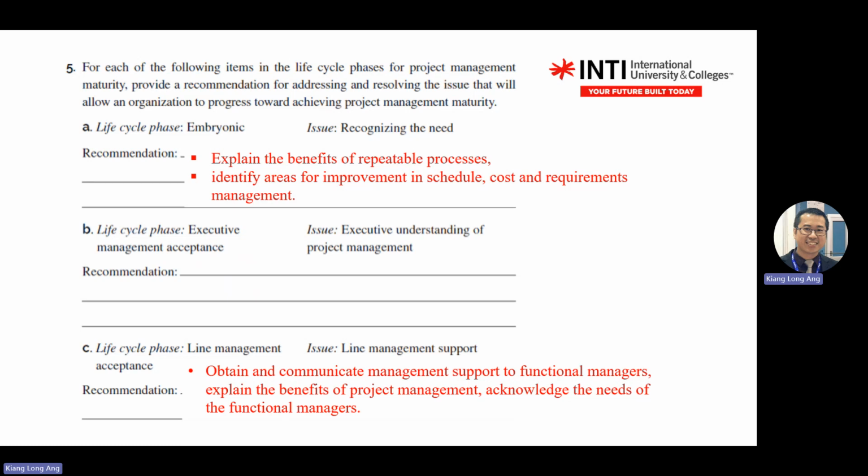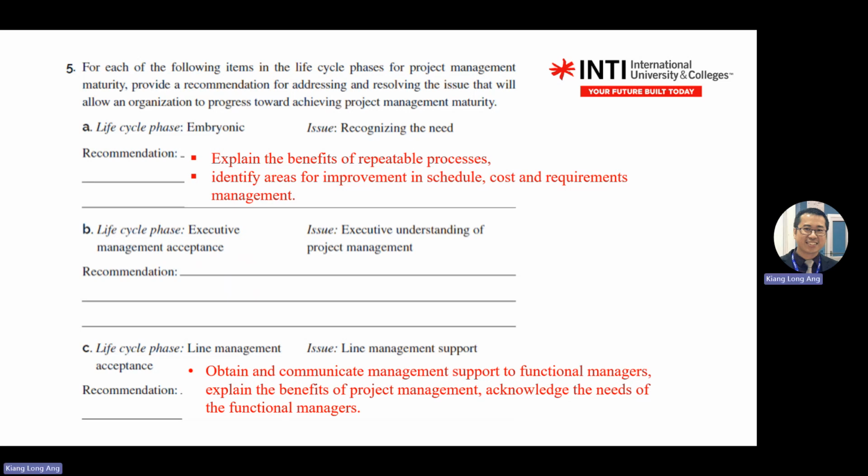Maybe your team doesn't understand why you need project management for the projects, rather than the customer just now. So the answer is more on the internal needs, right? When your team doesn't understand, you go and explain.